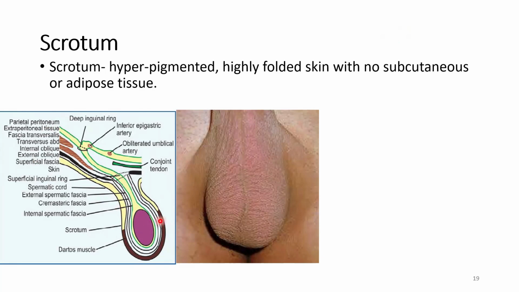So skin, the dartos fascia, the external spermatic fascia, cremasteric fascia, internal spermatic fascia, the cremasteric muscle itself, and then how the testis is covered, giving us the tunica vaginalis, then the vas deferens and other structures in the cord itself. So it's better we appreciate that.